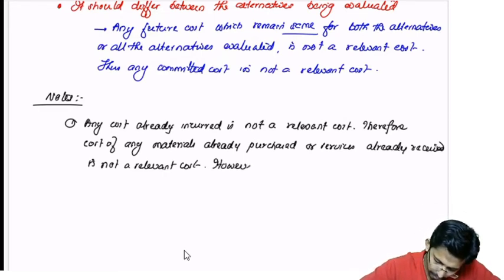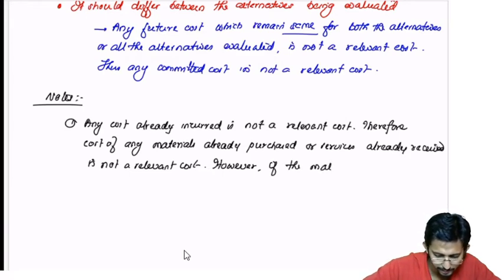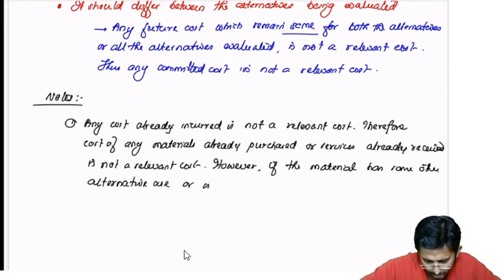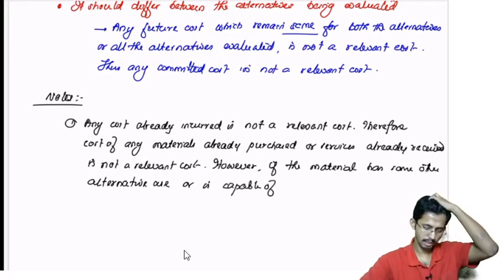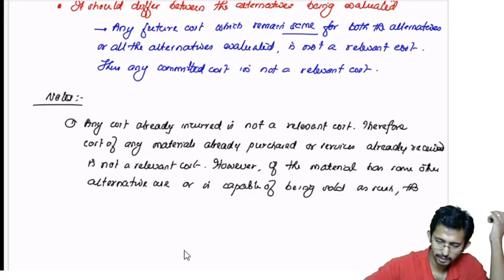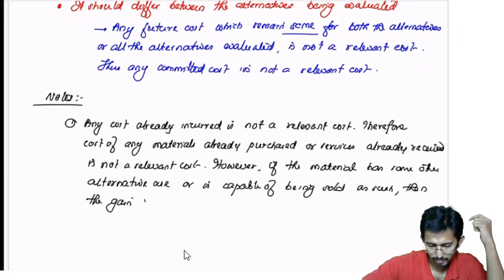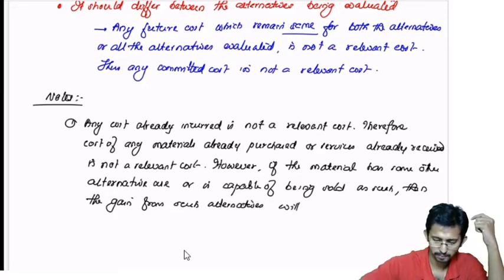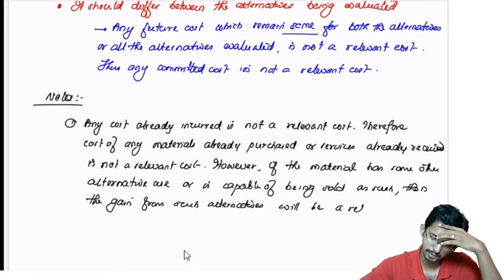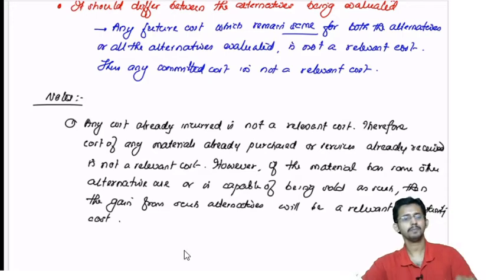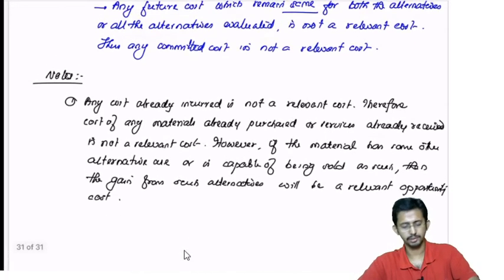However, if the material has some other alternative use or is capable of being sold as such, then the gain from such alternatives will be a relevant opportunity cost. Okay, I will explain you what is this. Okay.